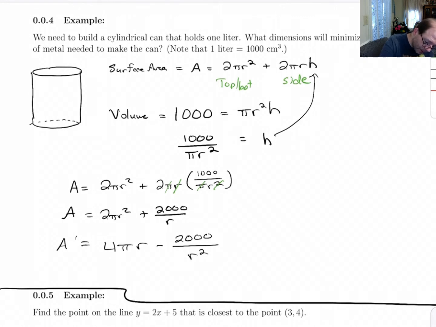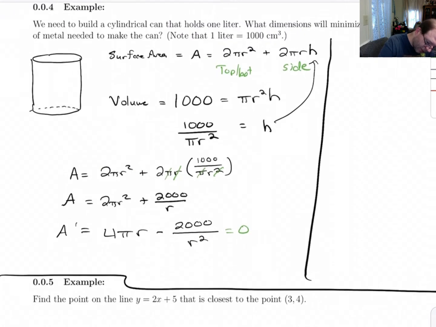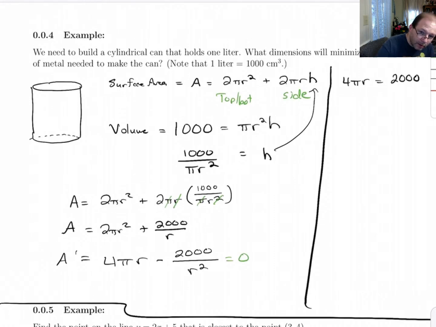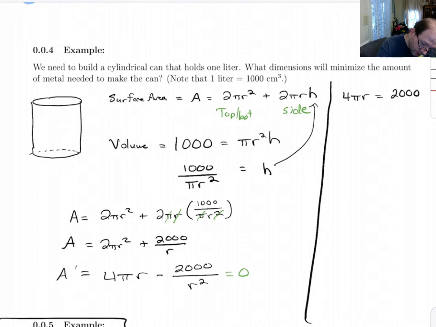All right, so we got to set that equal to 0 and solve. I get 4 pi r equals 2,000 over r squared.